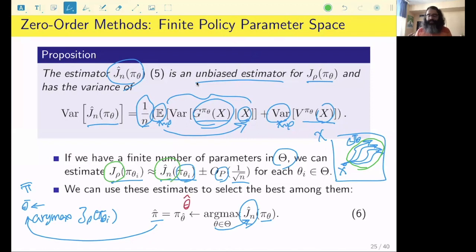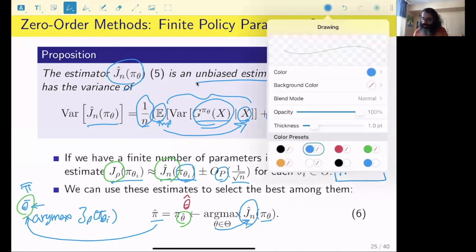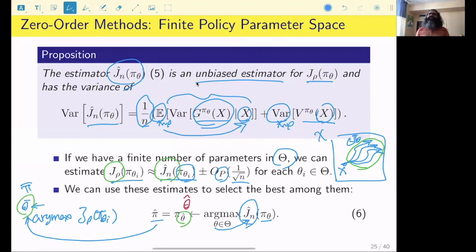But if we have a small n, it is possible that we choose the wrong maximizer, so we choose a theta hat that is different from theta bar. But we can argue that the difference in performance of these thetas is not going to be very large. It is in the order of 1 over square root of n, because we made a mistake.